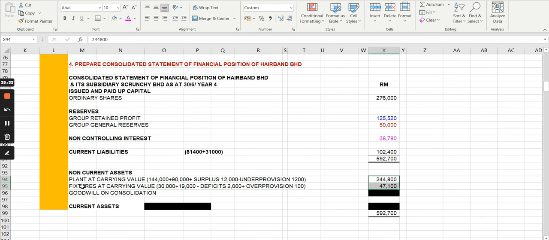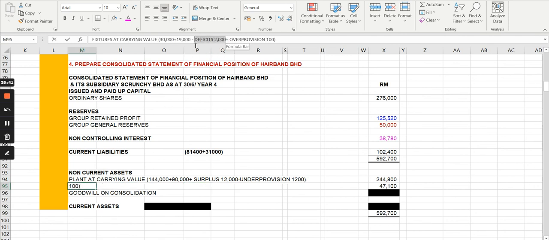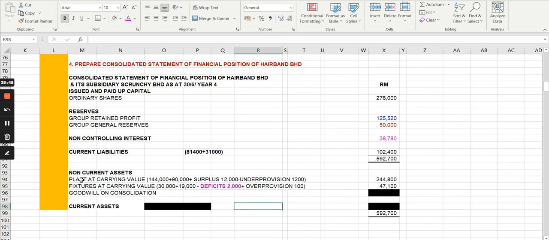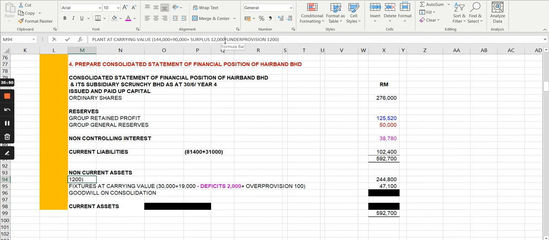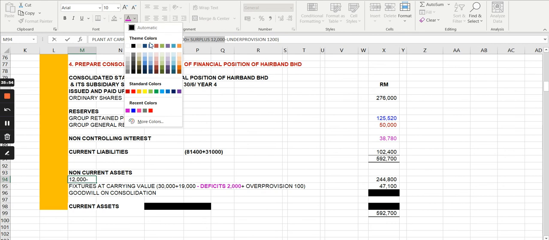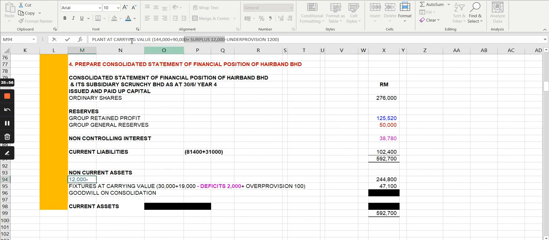244,800. For the fixtures, you are going to deduct the deficit, because deficit is what reduces the carrying amount of the asset. The surplus is what increases the carrying amount of the asset.